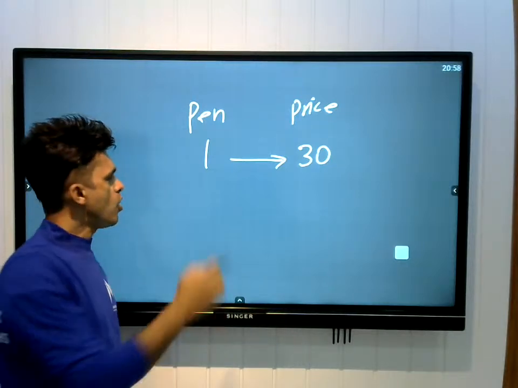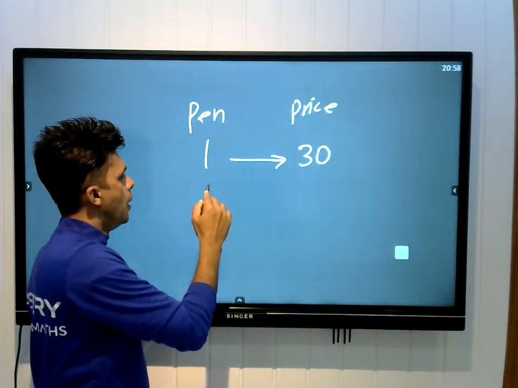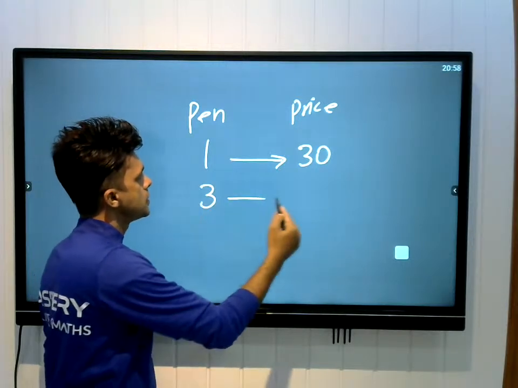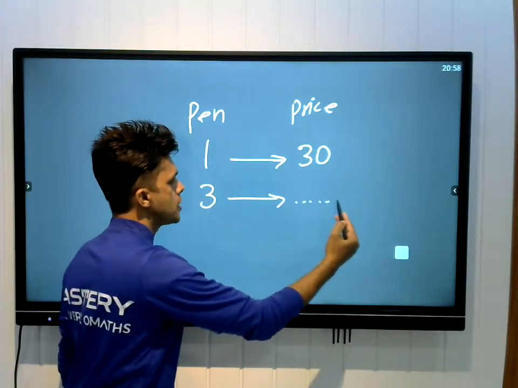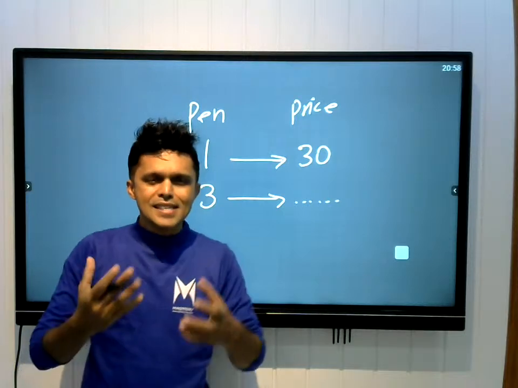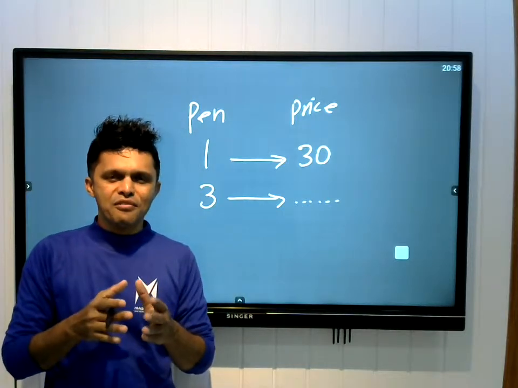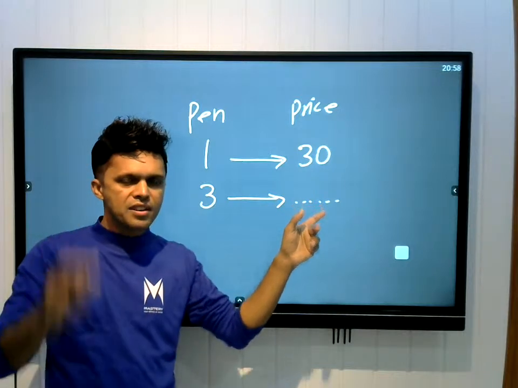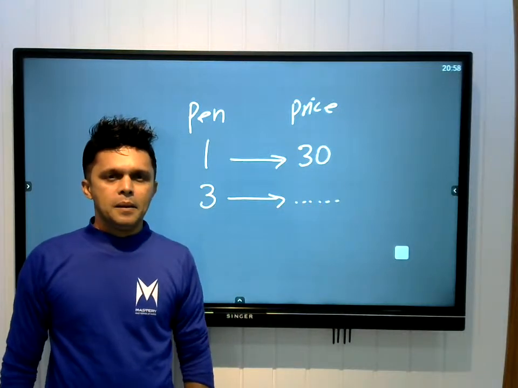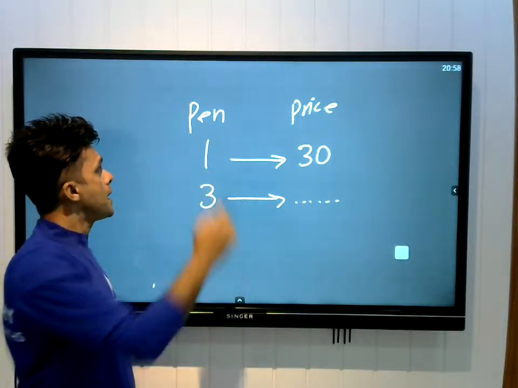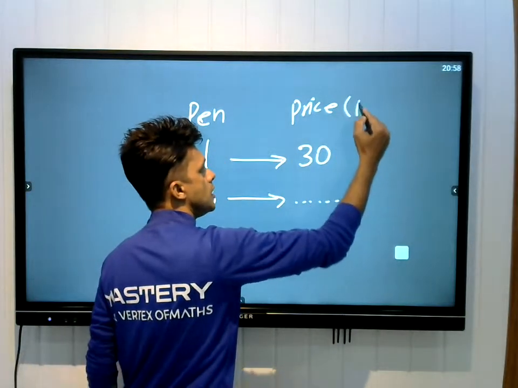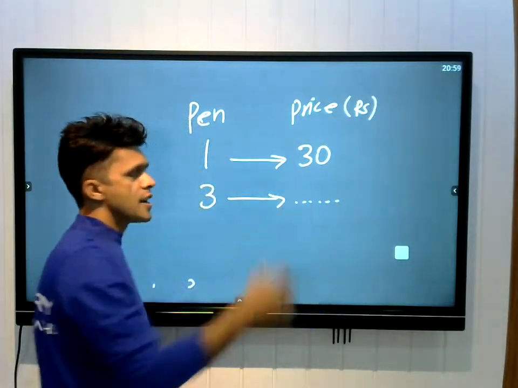What is the price of 3 pens? What should be the price of 3 pens? Easily you are able to get the value of the price of 3 pens. Think of it. The price is given in rupees.